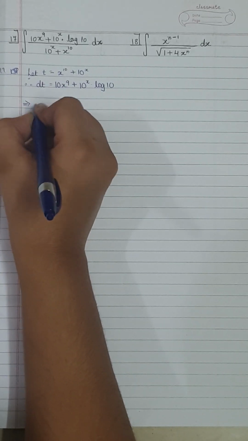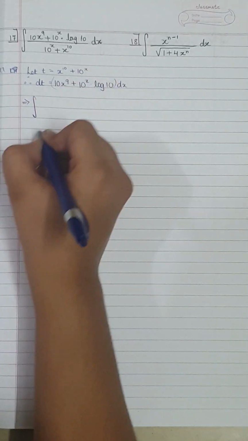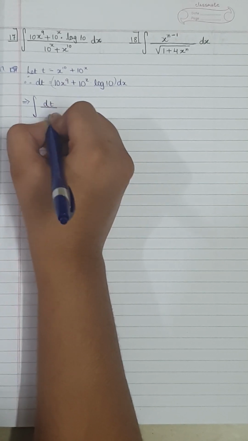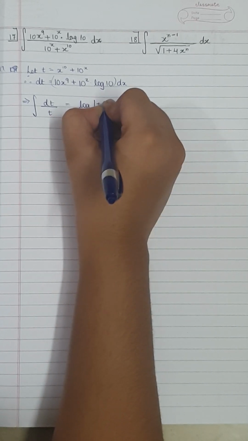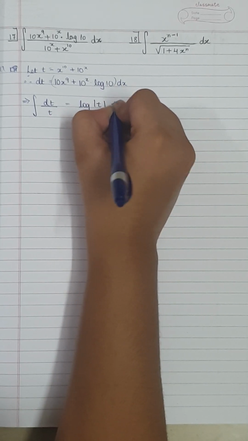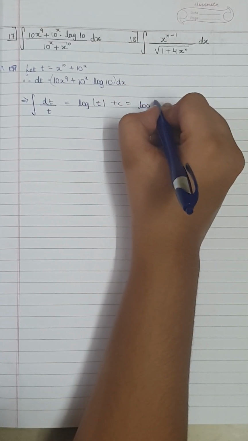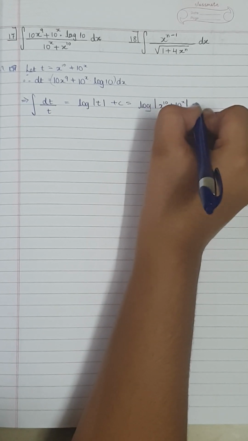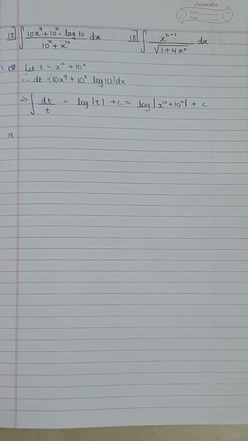So we can write this as integral of dt upon t, which is equal to log of mod t plus c. Now resubstituting the value of t, you have log mod of x to the power 10 plus 10 to the power x plus c.